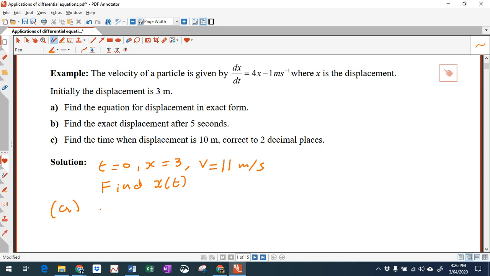we are going to first look at separating the variables. So you're told that dx/dt is equal to 4x minus 1. Let's see what we can do to separate the variables there.